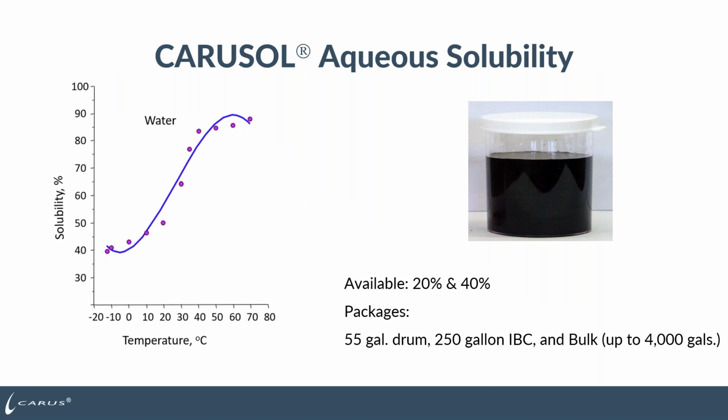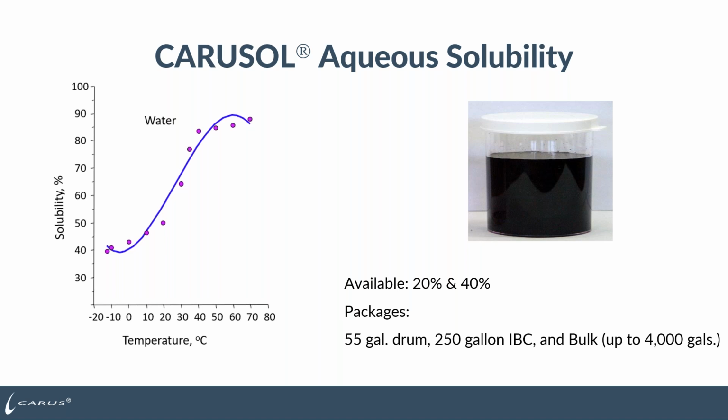Now, the reason we sell the Carus sodium permanganate is because that change from potassium permanganate to sodium permanganate changes the solubility in water of permanganate immensely, which allows us to have a 20% and a 40% concentration of the sodium permanganate, so we can sell it as that concentrated liquid.